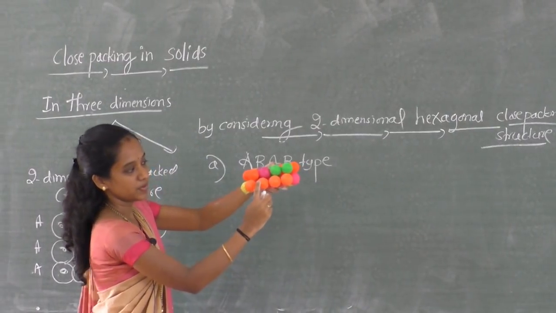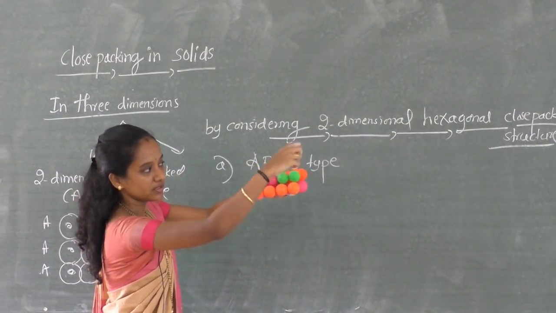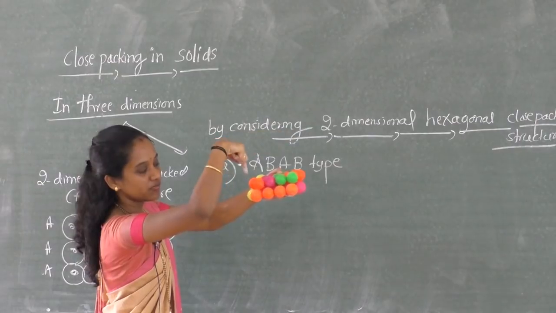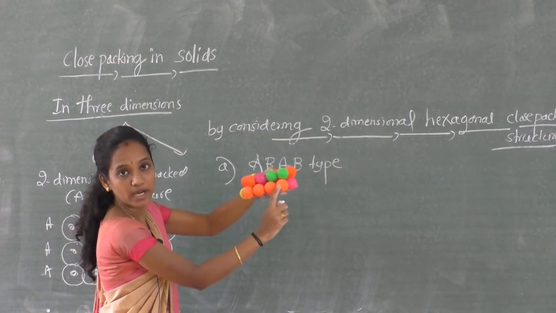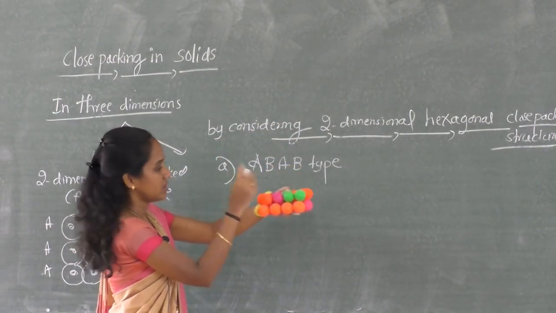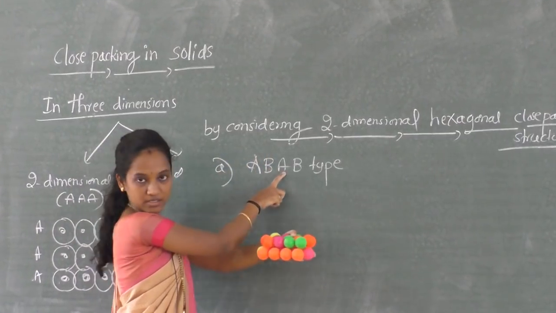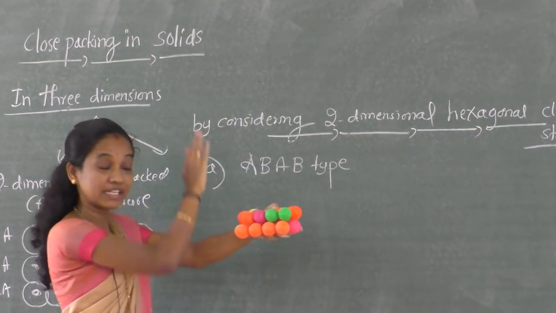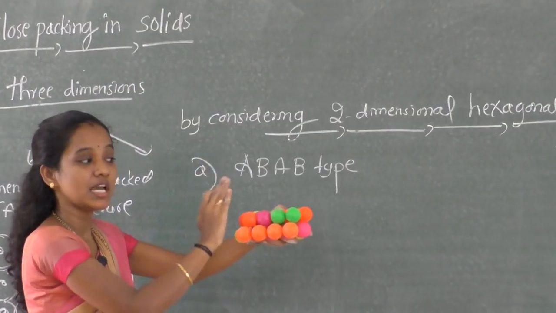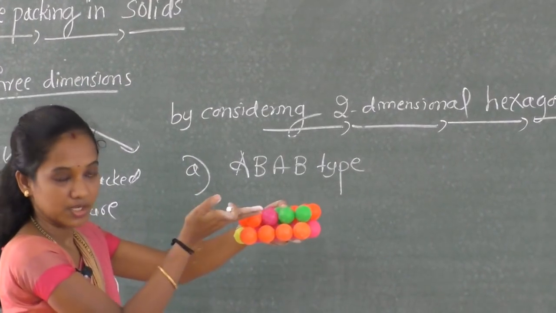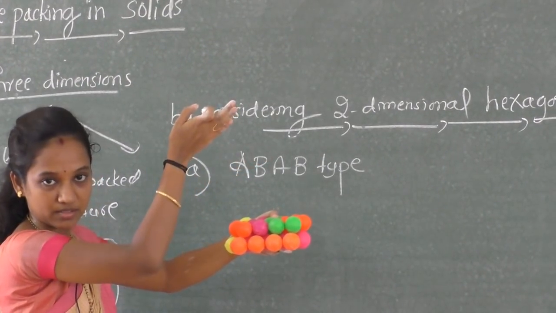So this is A type. Next is B type. Again, the third layer, if you consider, will be similar to A type. Again, the fourth layer is B. Imagine in three dimensions the structures A, B, A, B.